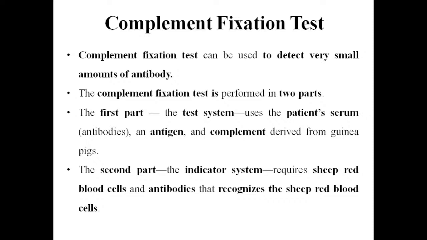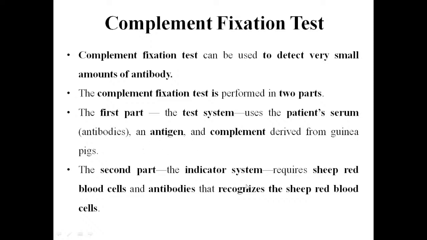The second part of the complement fixation test is called the indicator system. It requires sheep red blood cells and antibodies that recognize the sheep red blood cells. So in the first part, pay your attention, there are antibodies and antigen.